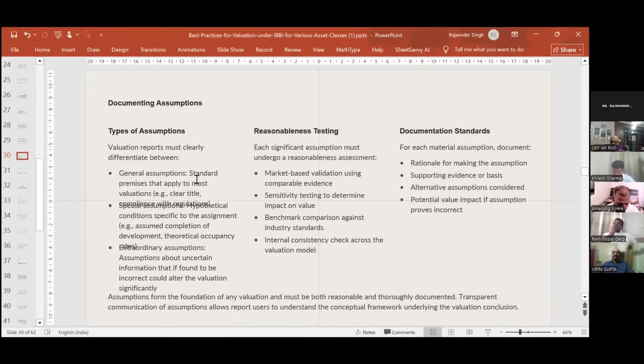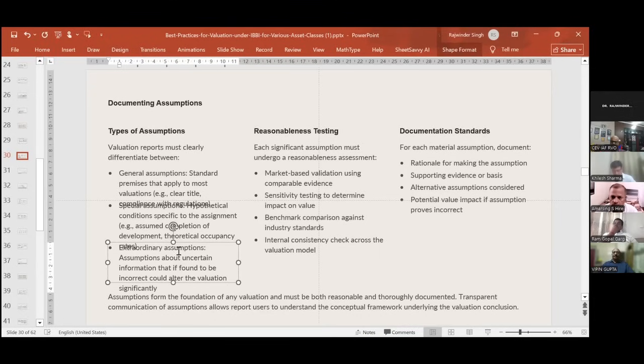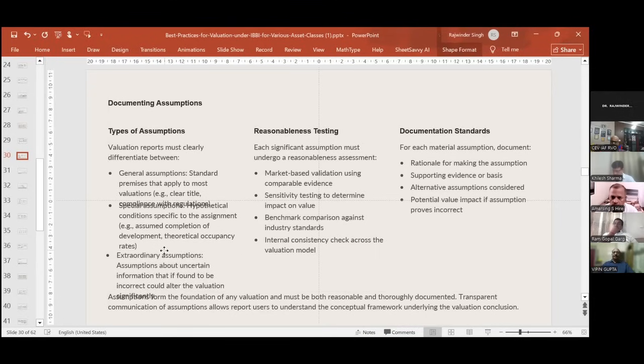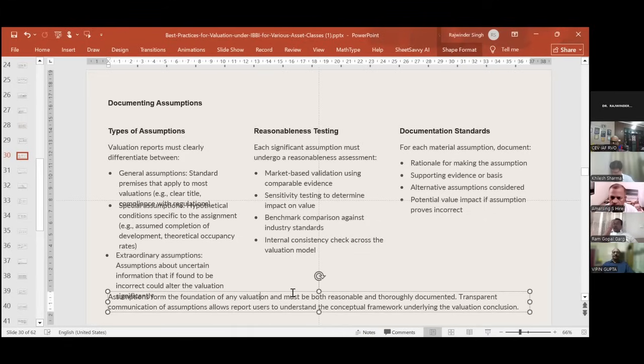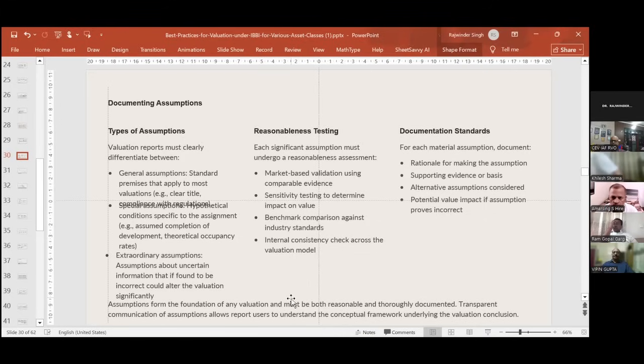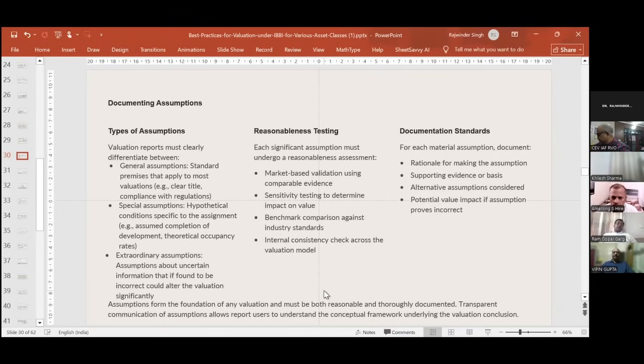Valuer reports must differentiate between general assumptions, which are generally there in all the valuations which you are doing, and certain assumptions which are specific for a particular valuation. General assumptions are standard premises that apply to most valuations.